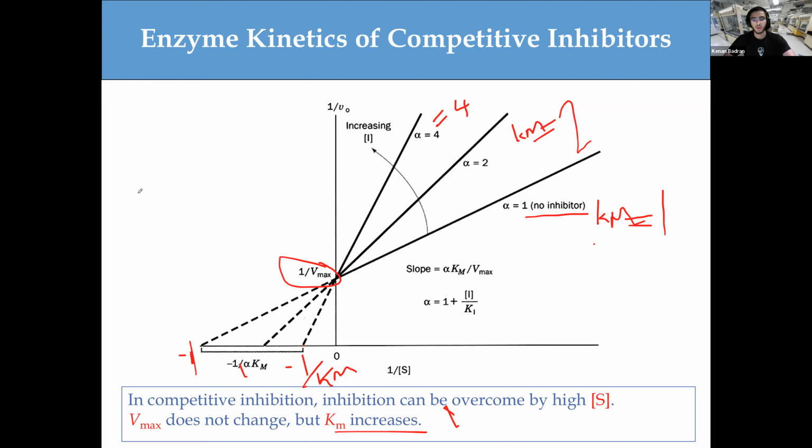So when we're plotting the graph, -1 over Km would be -1 for Km equal to 1. This would be -half, and this would be -1 over 4, in other words, -0.25, -0.5, and -1.